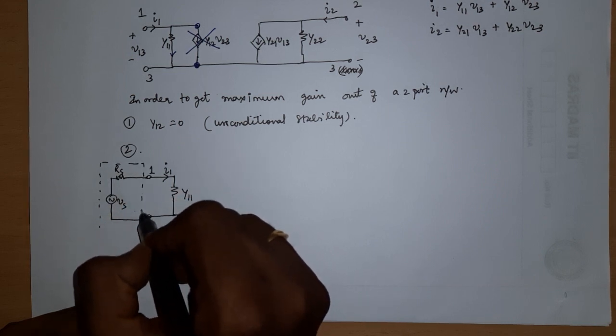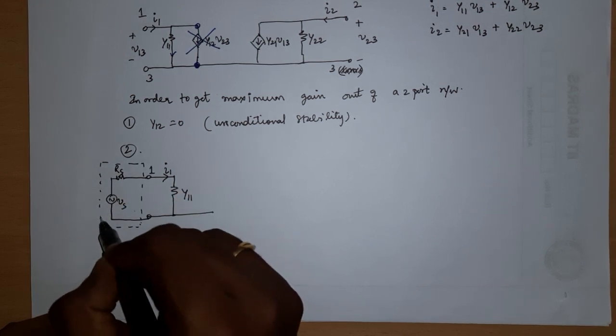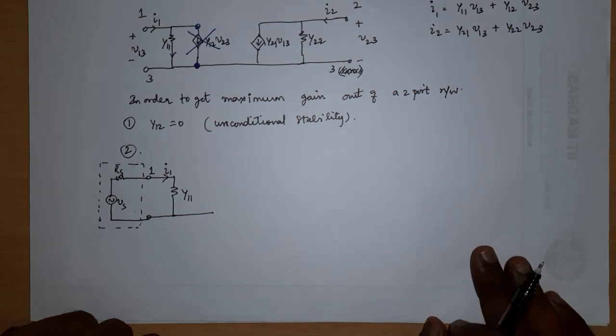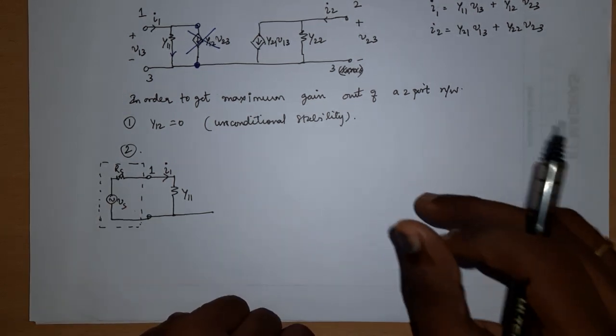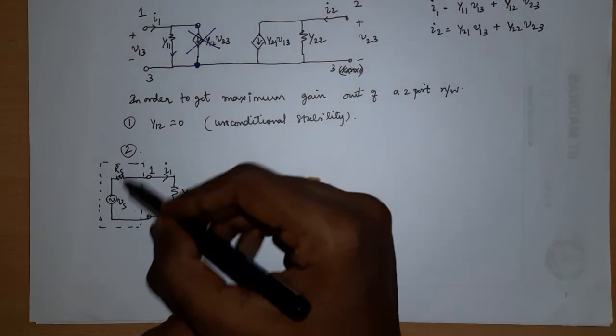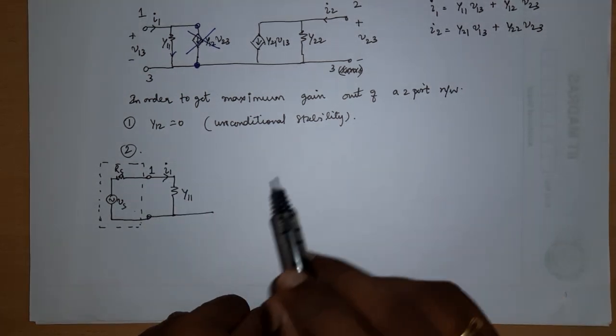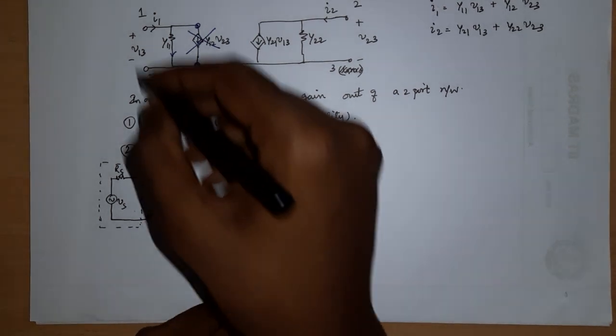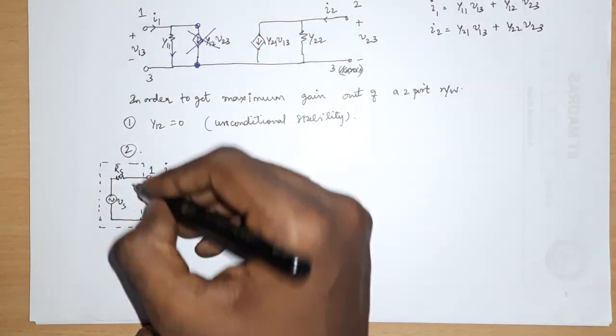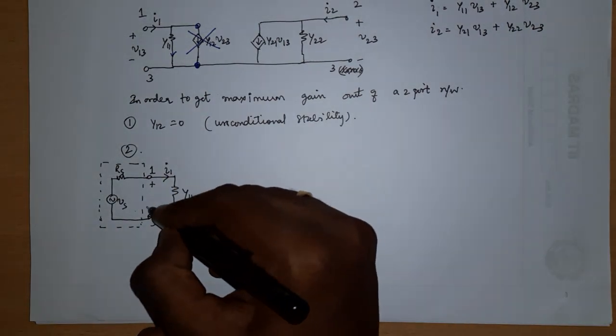This particular thing is the signal that I am giving as the input. This could be my speech signal, whatever I speak into the mic, modeled using this voltage and a resistor, the Thevenin equivalent of it. And remember, this V13 is across this 1 and 3.